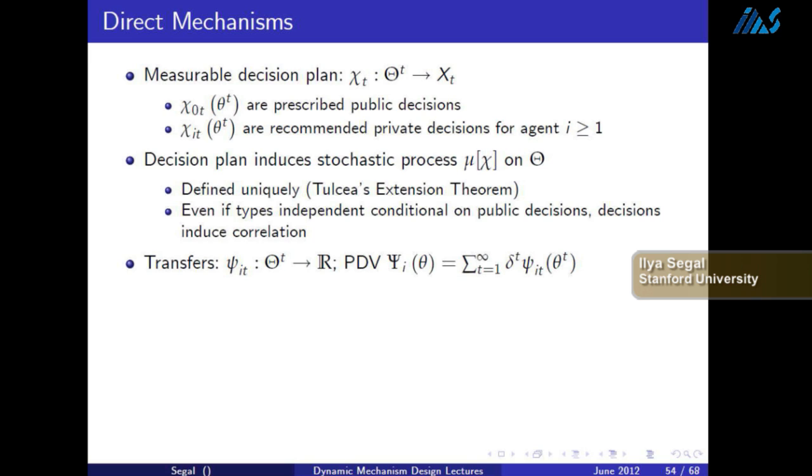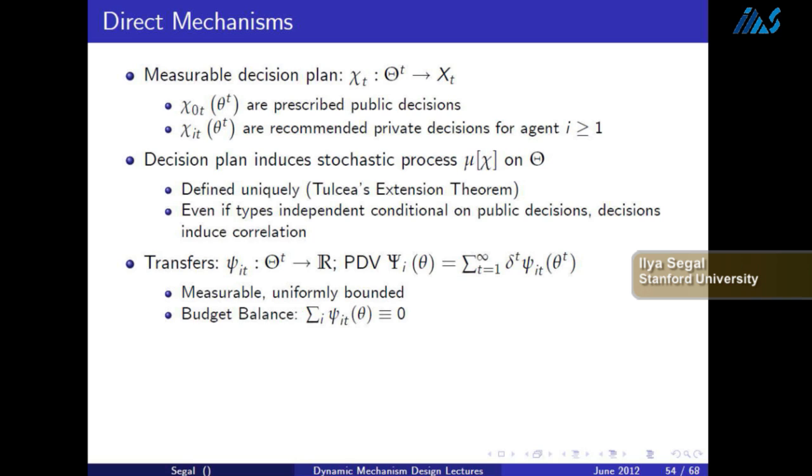Okay. So the transfers are functions of history, and the little pi will be the flows of the transfers, and we'll look at the present discounted values, capital Pi, of these transfers as well, which for incentive purposes, agents only care about. That's really what we mostly look at.